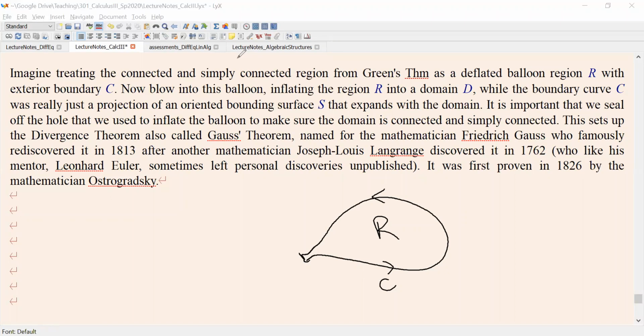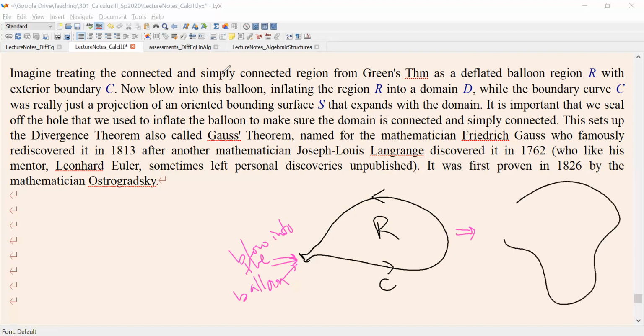Blow into the balloon. Think of this as the end we tie together.